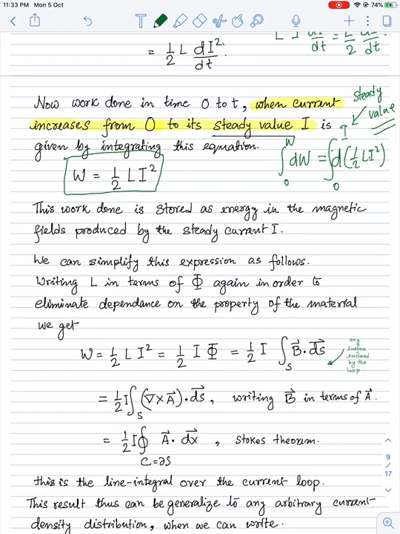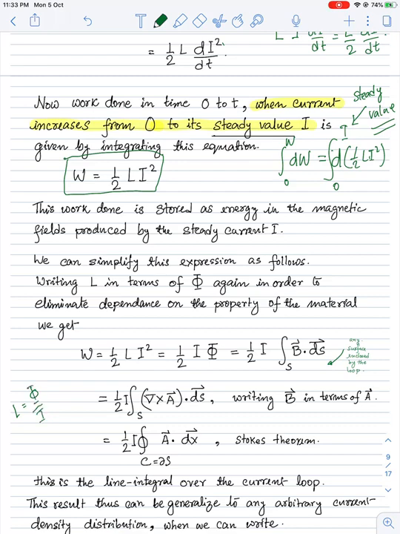You can again write the L times I. Now I want to eliminate L. Once I have set up the magnetic field using some current, I want to make this expression for work done independent of L. So if I eliminate L, then this expression becomes half of I times phi, where phi is the flux.